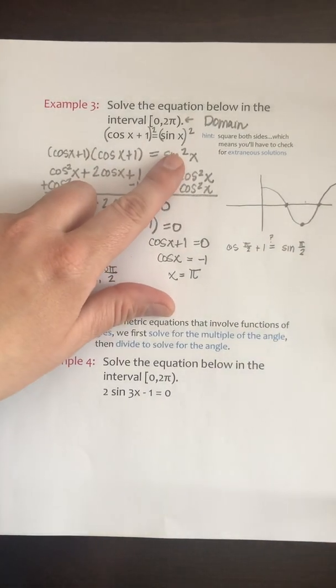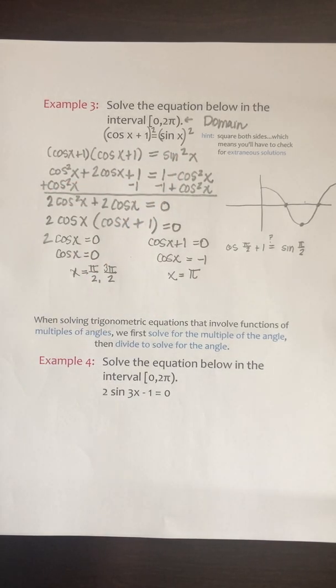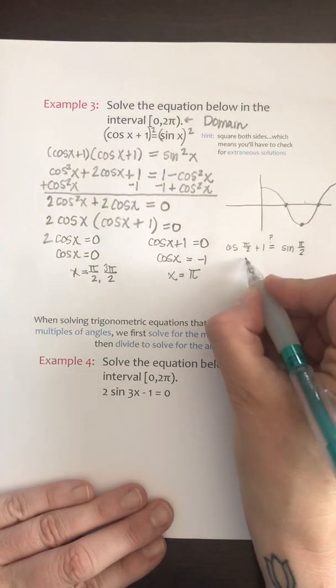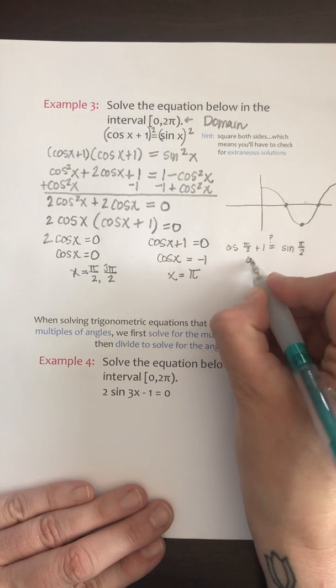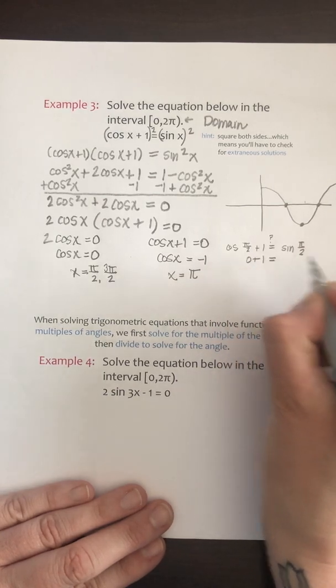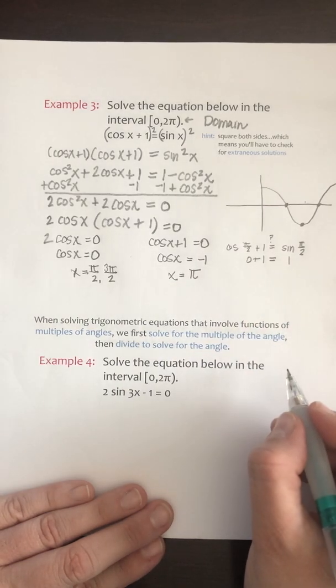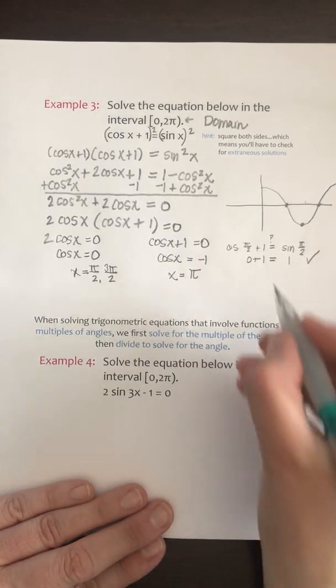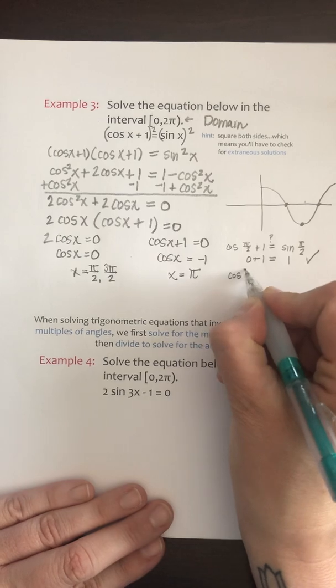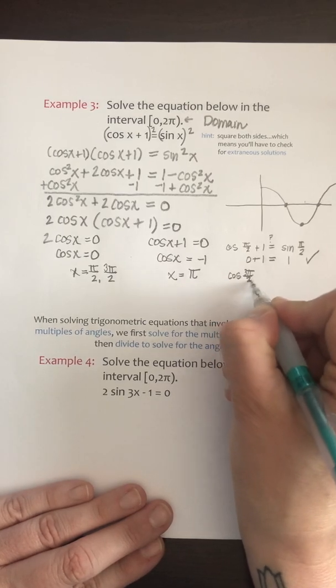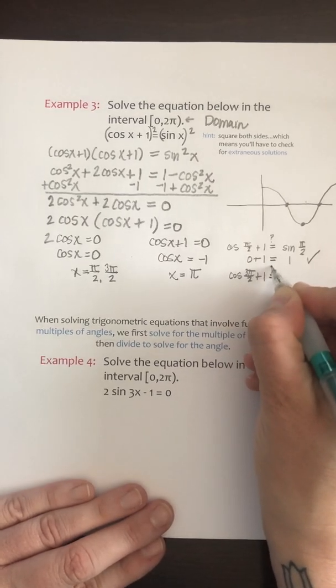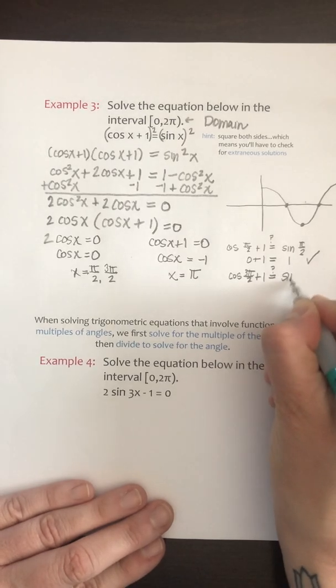So again, you're going back to the original problem before we squared both sides. Okay, so cosine of pi over 2 is 0, and then sine of pi over 2 is 1. Does 0 plus 1 equal 1? Absolutely. Now let's check the 3 pi over 2. So again, just going back to that original problem, and we're plugging it in.